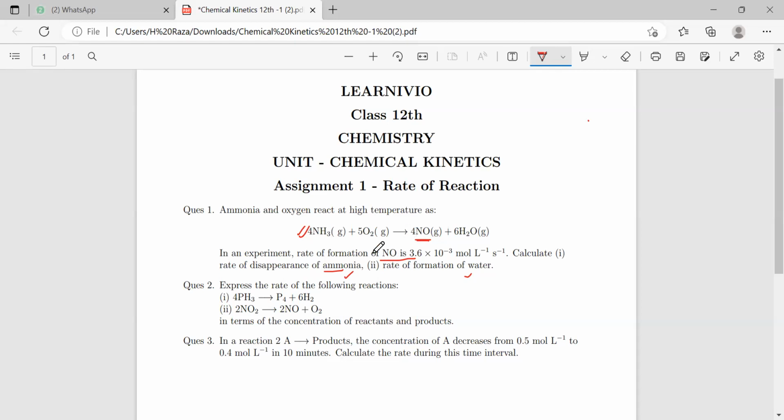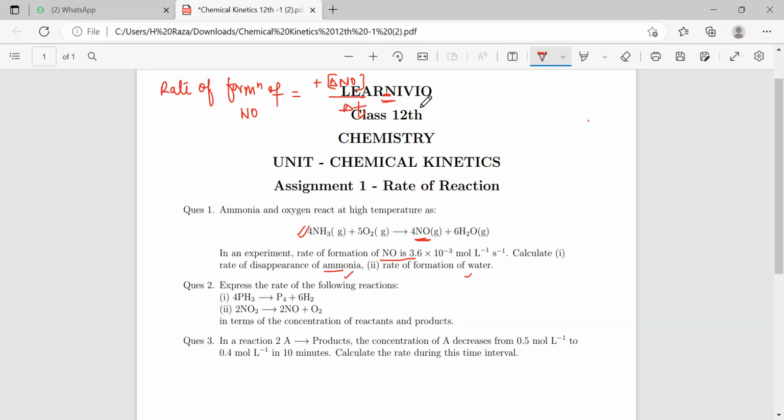And it is also given that rate of formation of NO will be equal to 3.6, and from this reaction it will be plus delta NO upon delta T. Yes or no? This will be the rate of formation.